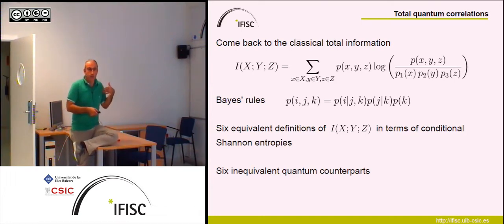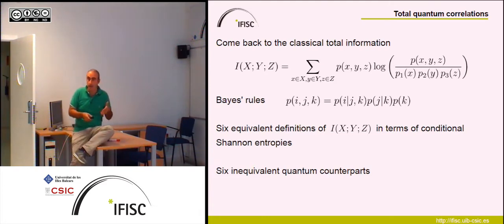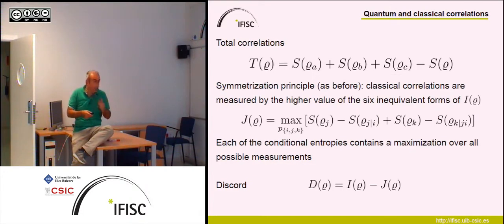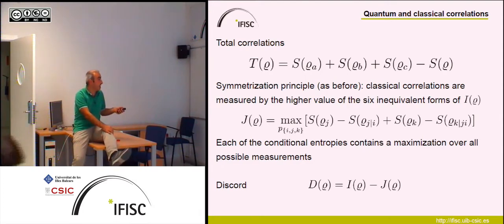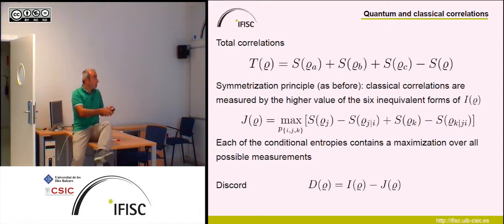Once we go to the quantum world, we find 6 inequivalent quantum versions of the mutual information. And if we use the symmetrization criterion like in the bipartite case, we just define the classical correlation of ρ as the maximum between the 6 combinations of these quantities, which is obtained by replacing p with the Bayes rules and then by quantizing the system.